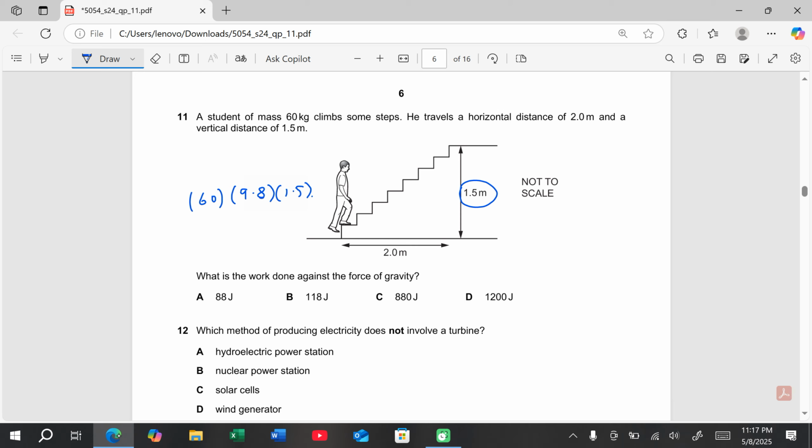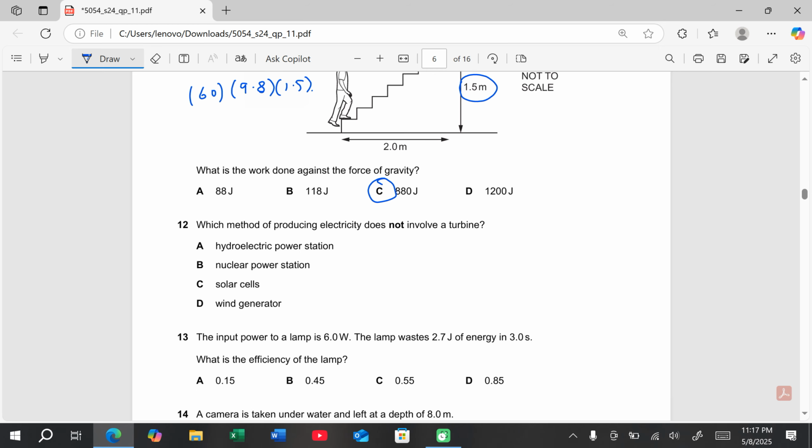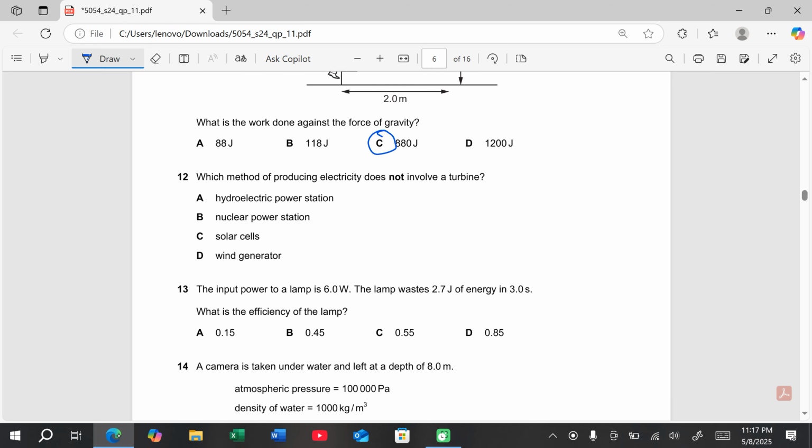When you multiply them all together, you're going to get C as an answer, 880. Which method of producing electricity does not involve a turbine? It's solar cells. Every other one requires a turbine to move a generator.